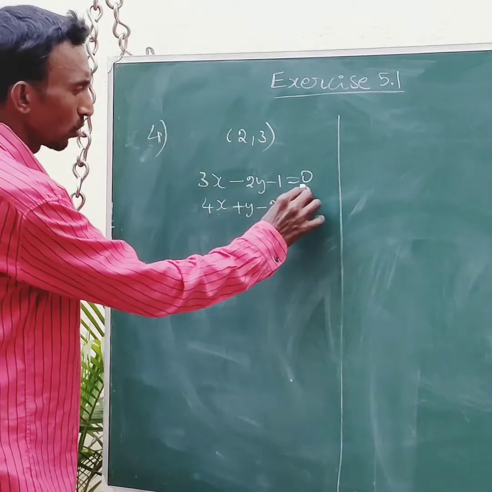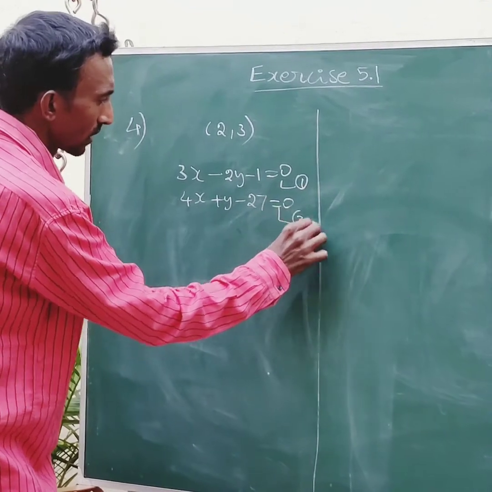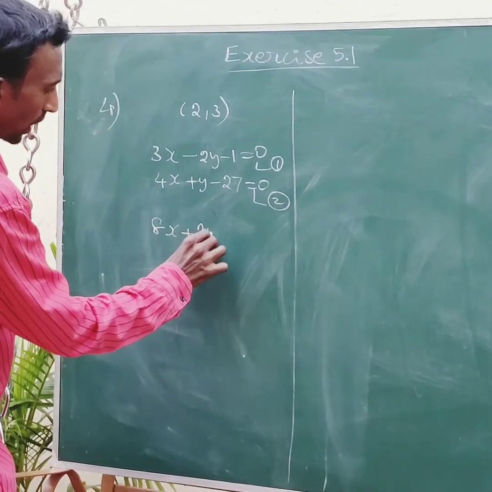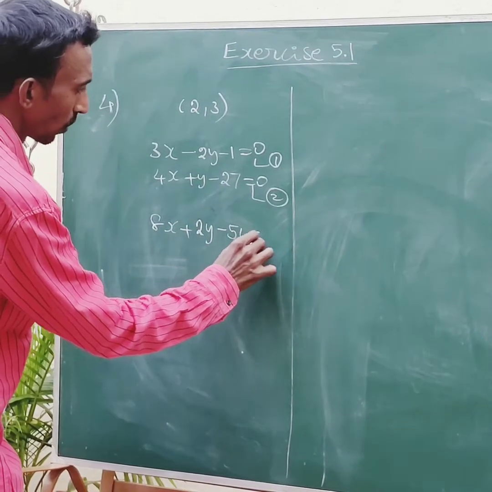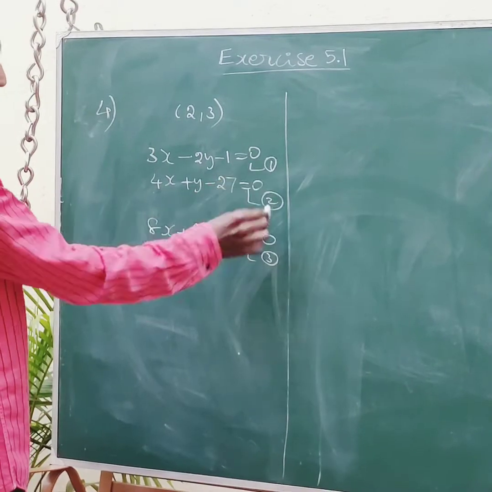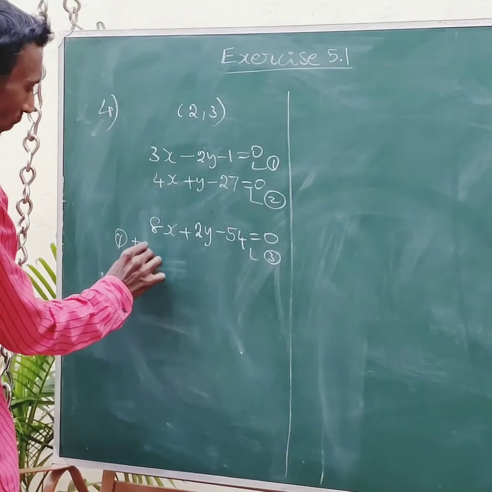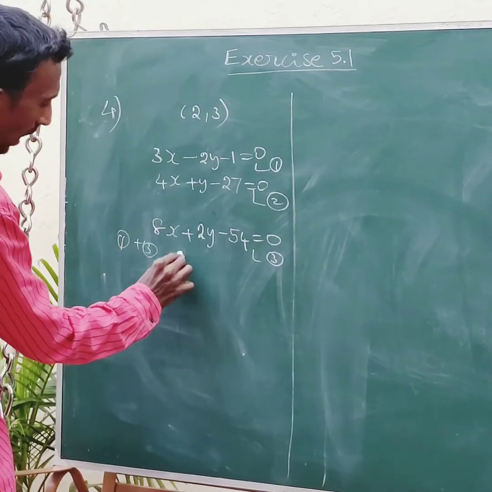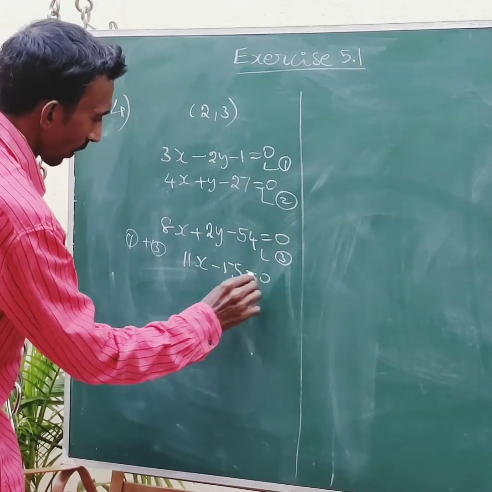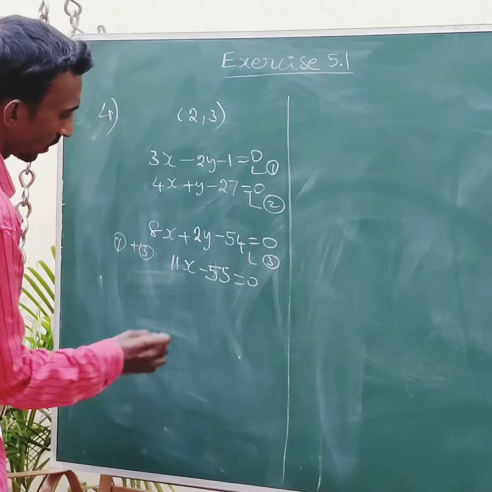To solve these two equations, multiply the second equation by 2, it becomes 8x plus 2y minus 54 equal to 0. Now the sum of equations 1 and 3: we are getting 3 plus 8, 11x minus 55 equal to 0.